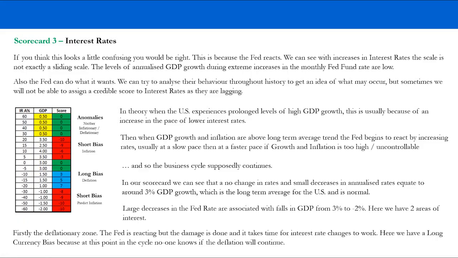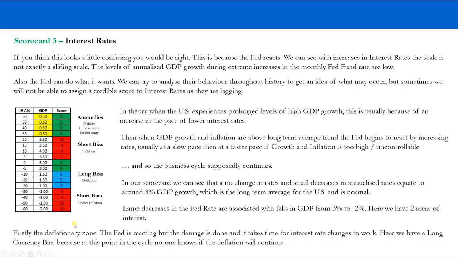Large decreases in the Fed rate are also associated with falls in GDP from 3% down to -2%. And here we've got two areas. We have our deflationary zone and we have our inflationary zone. But first, we look at the deflationary zone.